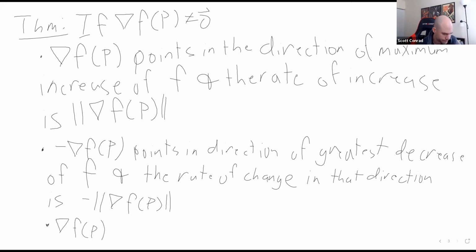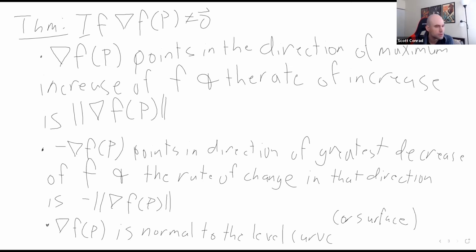The gradient is also normal to the level curve or level surface, depending on whether it's a 2-dimensional or 3-dimensional function, or a function of 2 variables or 3 variables, to the level curve or surface at the point P. And I'll draw a picture to show what I mean there.